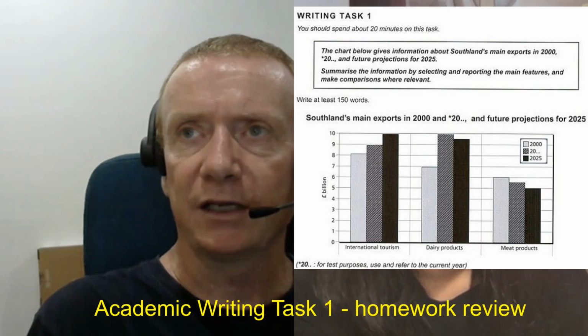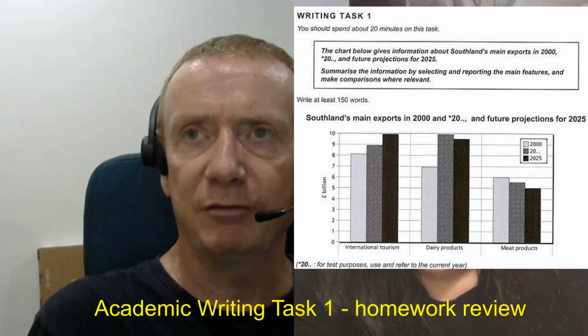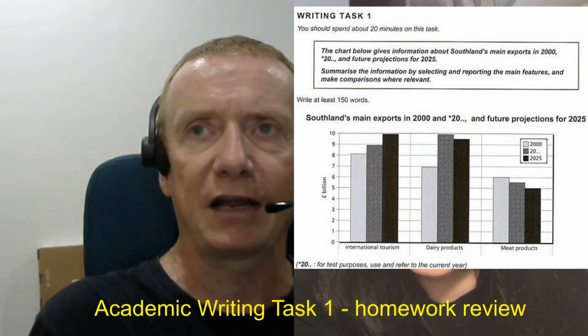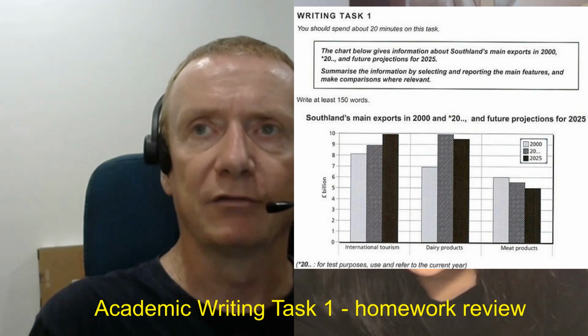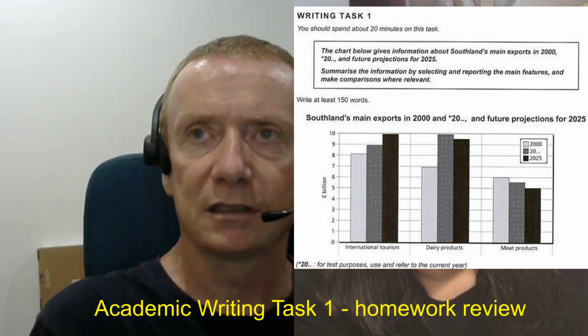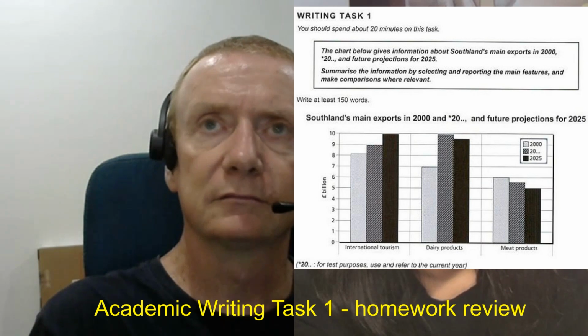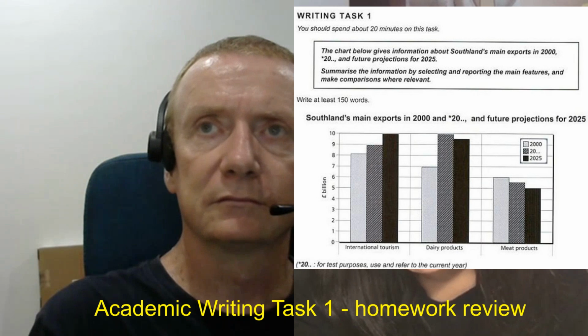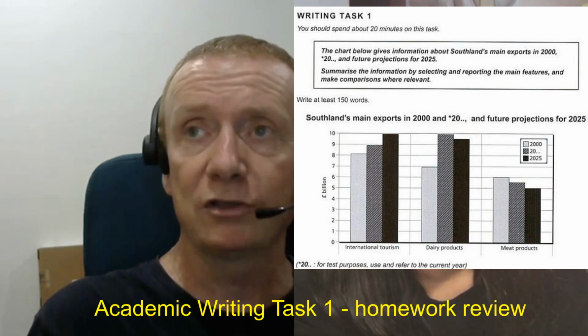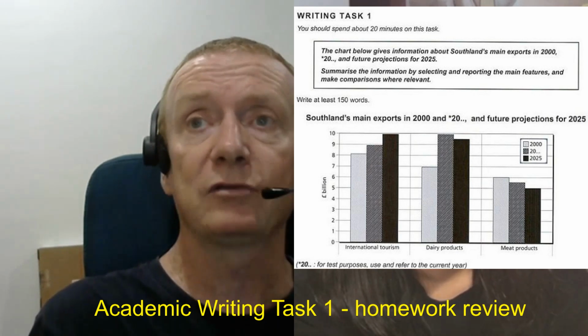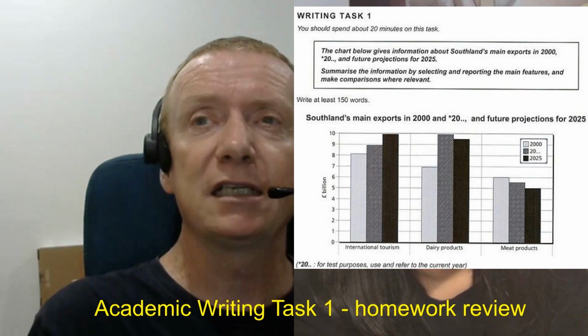Among the three exports, the value of international tourism and dairy products, okay, not "have been", just "have increased". The figures are around 9 billion pounds and under 10 billion pounds. Okay, relatively.